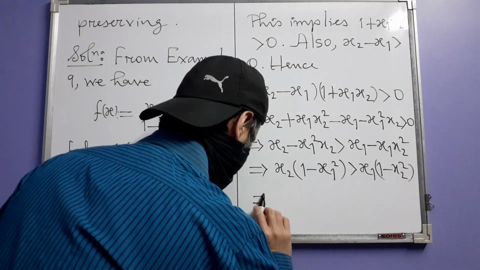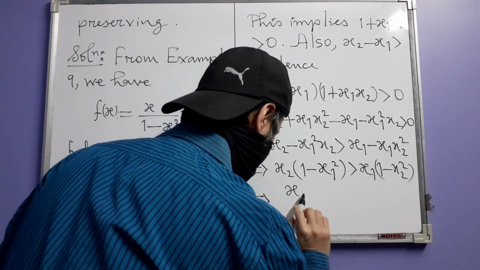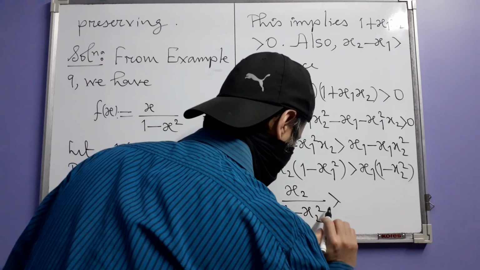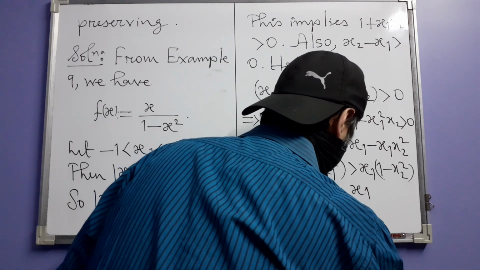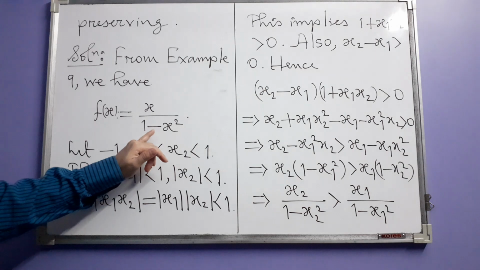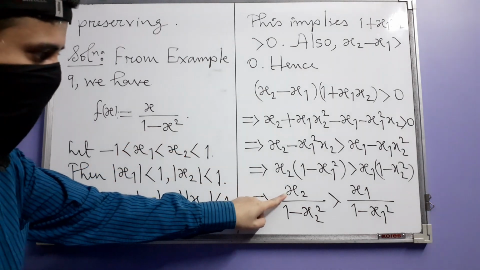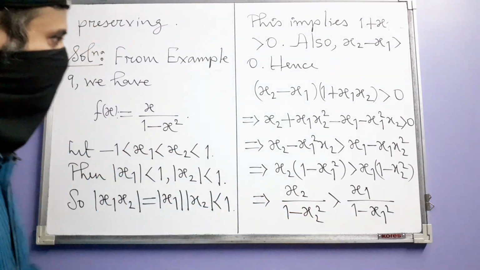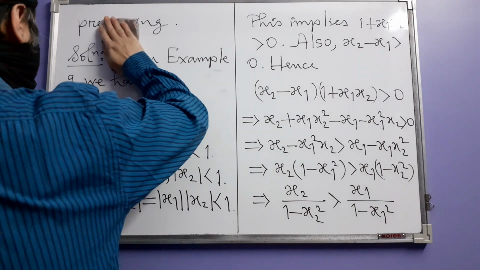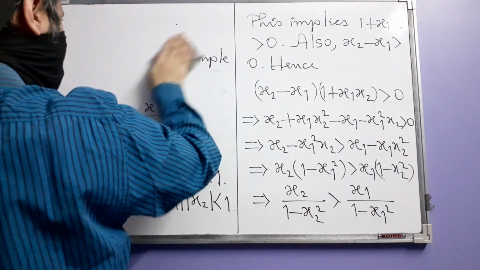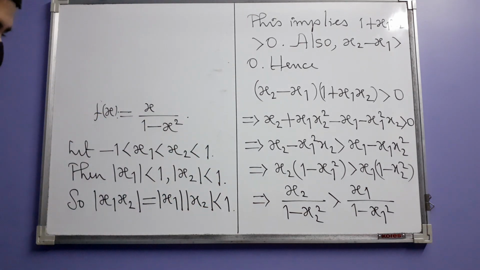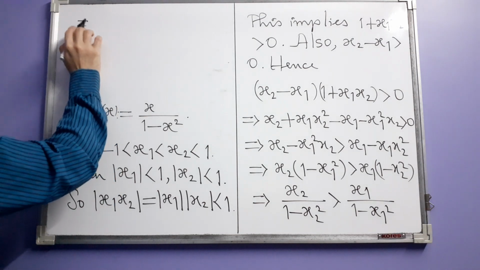And if you actually do the division, you will end up getting this. Now you look at the function definition. This is f of x2 and that is f of x1, which means that if we write one more step, we are getting this.